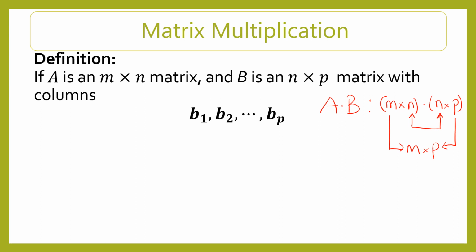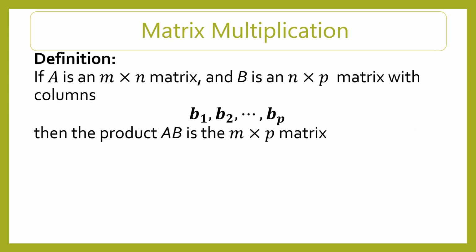So imagine we just decompose B into columns, B1, B2, all the way to Bp, since B has p columns. All right, once we do that, we then multiply A by B by multiplying A by each of these columns, using the idea of matrix times column multiplication that we did before.